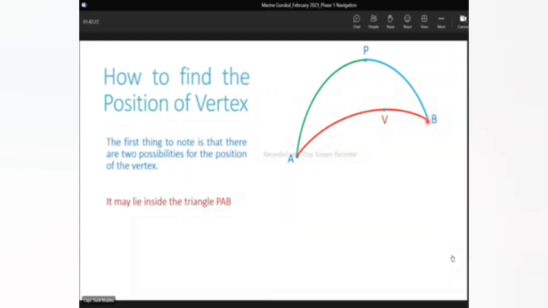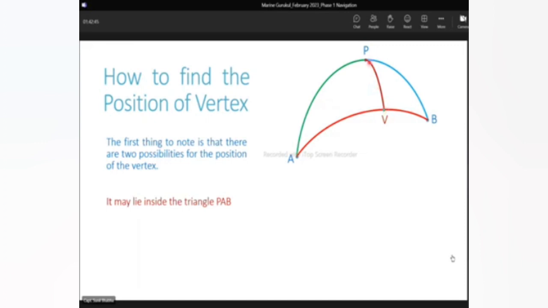Now let's try to draw the meridian of the vertex. Exactly in the same way as PA was the meridian of point A, PB was the meridian of point B, PV is the meridian of the vertex. Now we are aware of two things here.